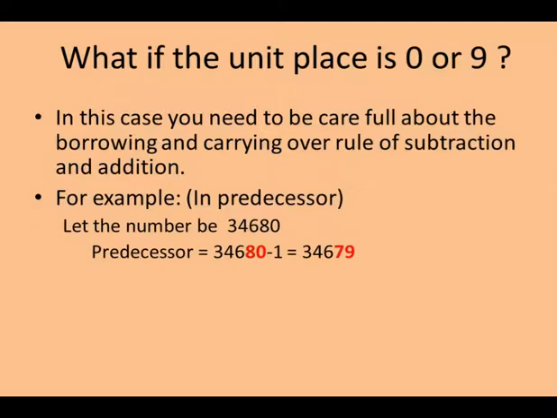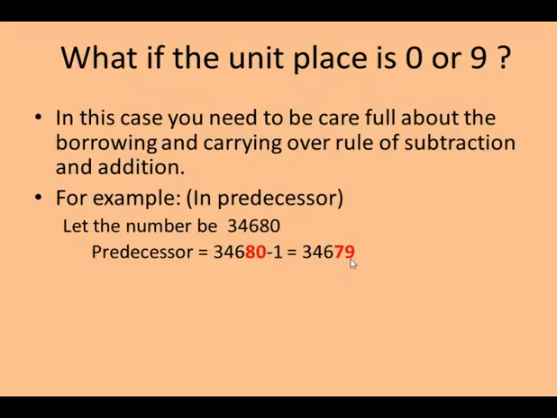So we need to subtract 1, but we cannot subtract 1 from 0. So we need to take a borrow from 8, as you know the rule of subtraction with borrowing. So it will be 34,679. We need to subtract 1 from 80, so 80 minus 1 is 79.